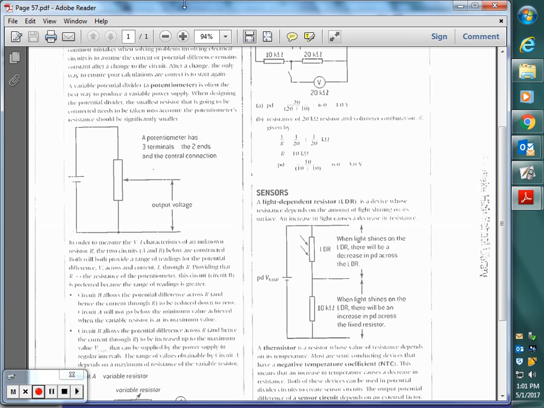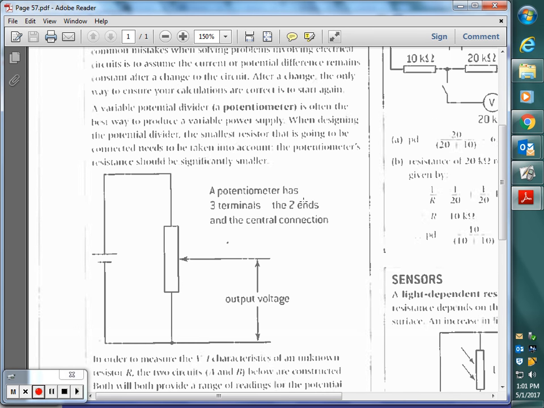Is it a component? Yes, it's a component. So a potential divider is also called a potentiometer. So we're talking about basically changing how much current we have flowing through different parts of the circuit. I'm not real familiar with the potentiometer, I'm not going to lie, but reading up on it a little bit, it looks kind of like a switch.